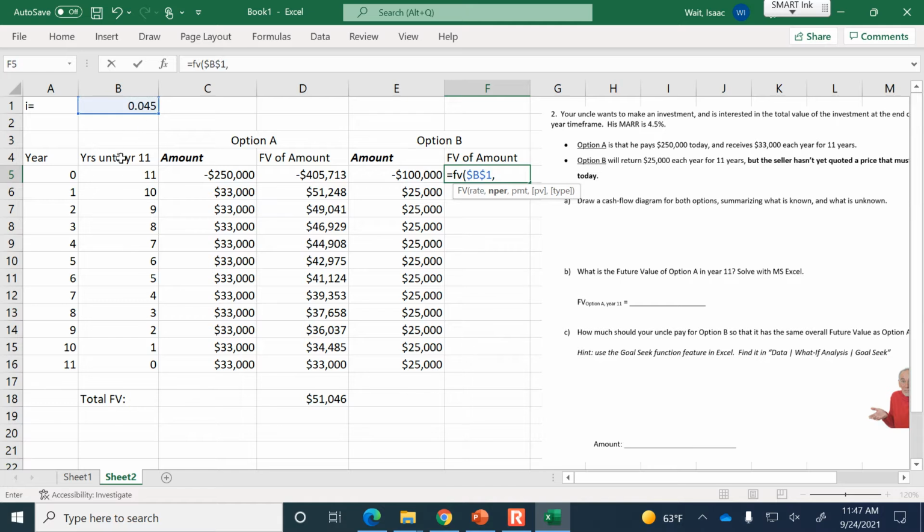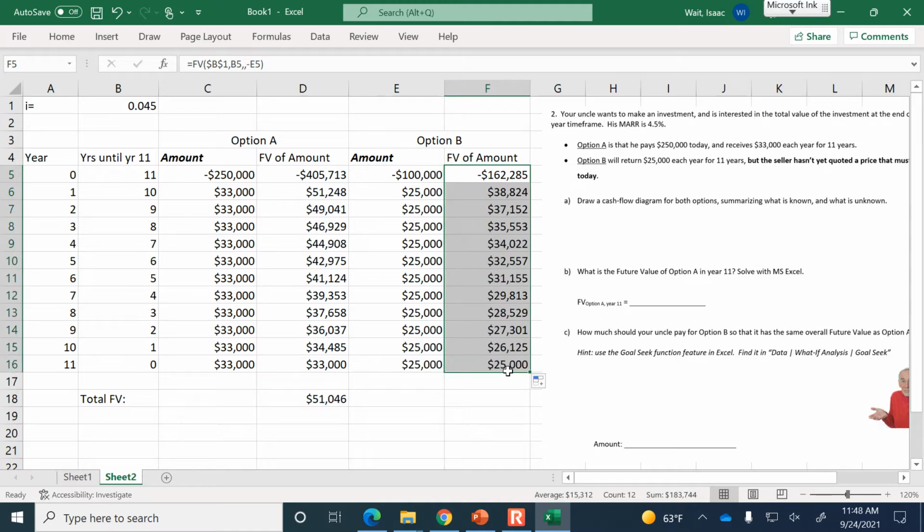The number of periods is the alternate time column. Skip over the payment, and it's the minus of the present value. Okay, so $100,000 at time 0 is the equivalent of $162,000 at time 11. And then we'll carry this through, and we'll sum it up.